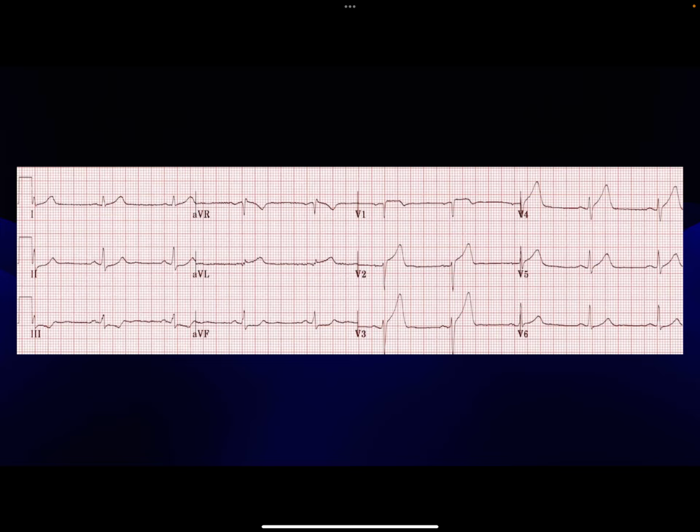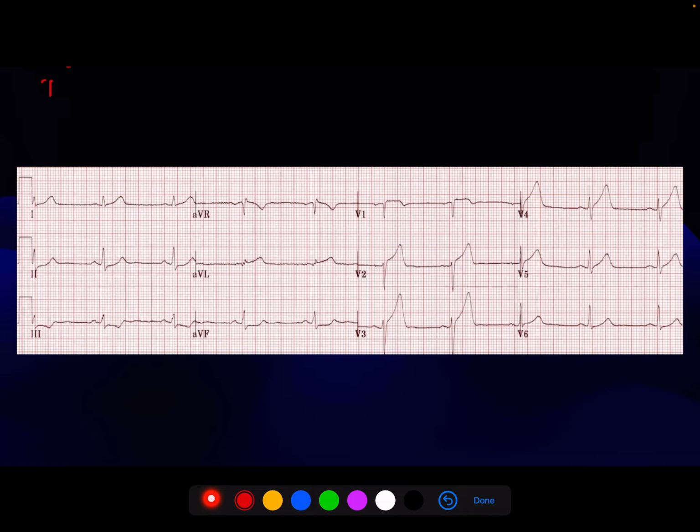All right, so here are some examples of hyperacute T waves. Here we look at this 12-lead ECG, and the way that I look at ECGs is I just remember the saying, "I see all leads."